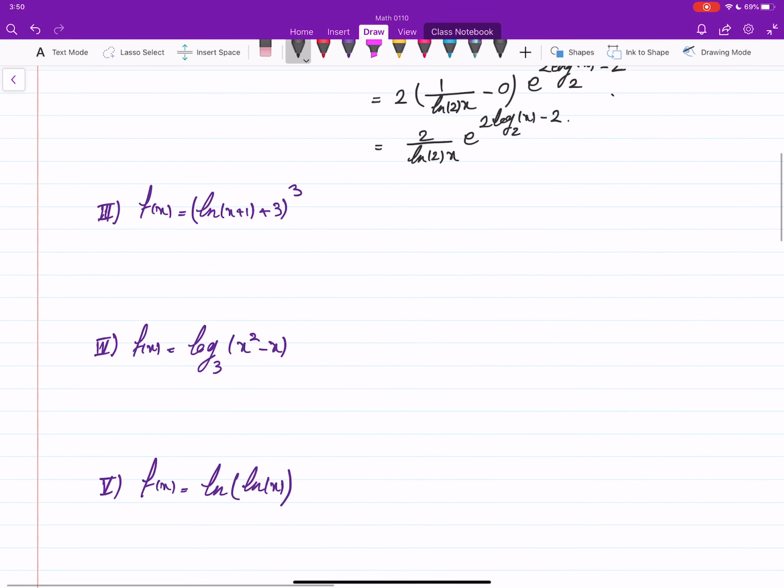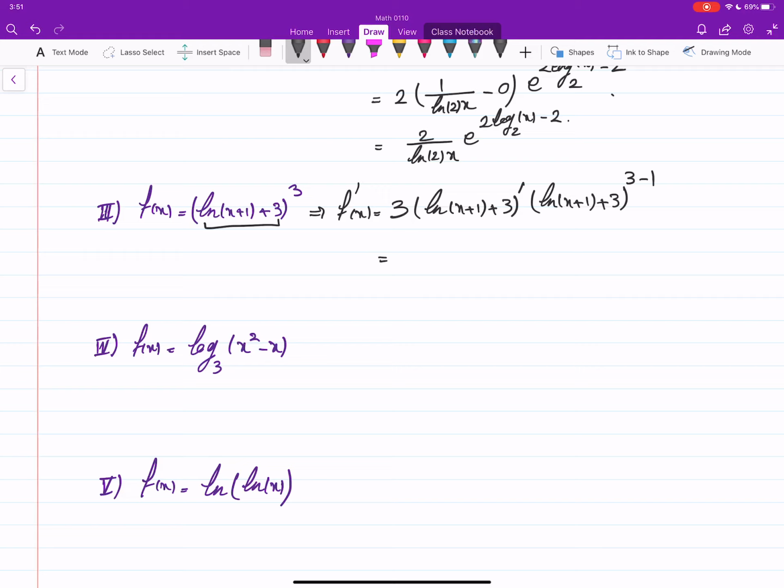The third one, we have a function to the power 3. So the derivative is going to be 3 times the derivative of that function times the function to the power 1 less. And that is 3 times the derivative of ln of x plus 1, which is u prime over u, plus the derivative of 3, which is 0.